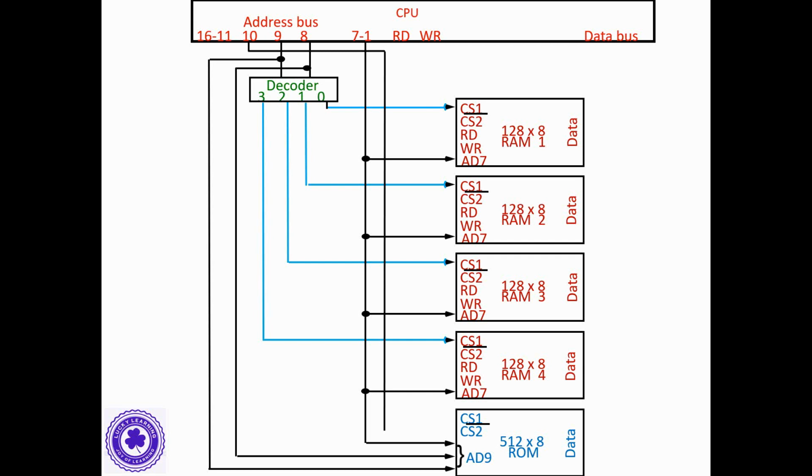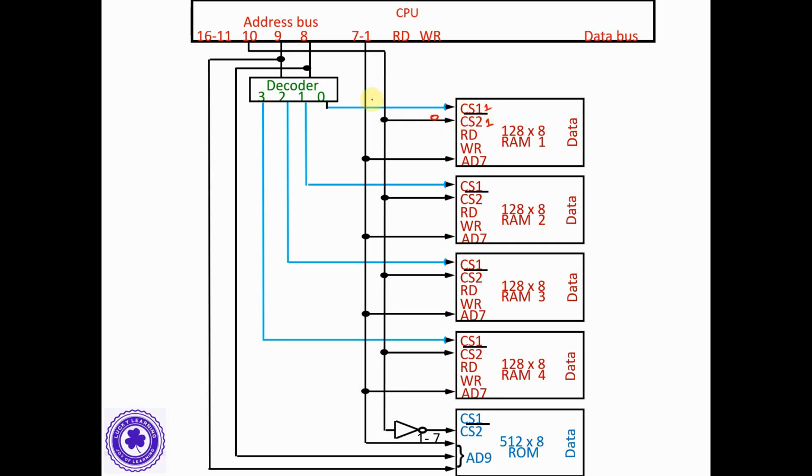If the 10th bit is 0, it is going to select RAM, correct? Look, this 10th bit is connected to CS2 complement. When the 10th bit is 0, the CS2 complement is 1 and CS1 is 1, then it is going to select RAM 1.